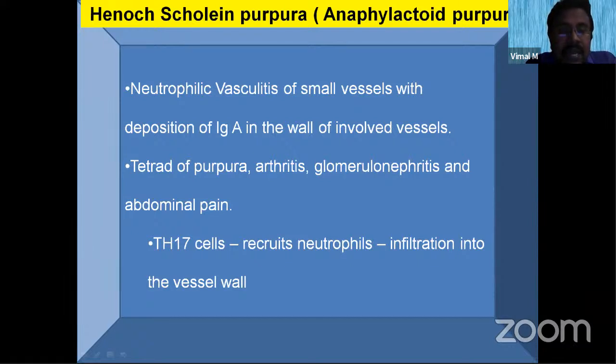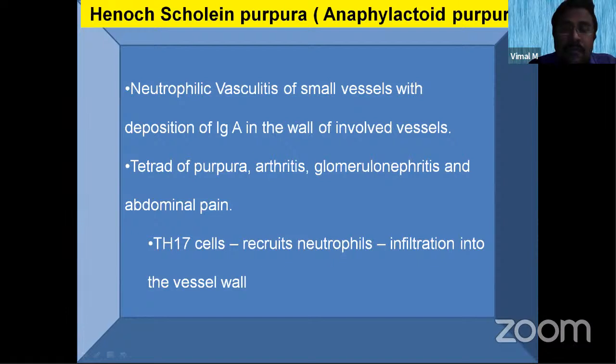It is mainly the Th17, that is T helper 17 cells. These cells are activated and recruit the neutrophils to the site of injury, so more neutrophils are deposited around the vessel walls. Remember it is IgA deposition, and T helper 17 cells recruit the neutrophils. Remember the clinical tetrad features.